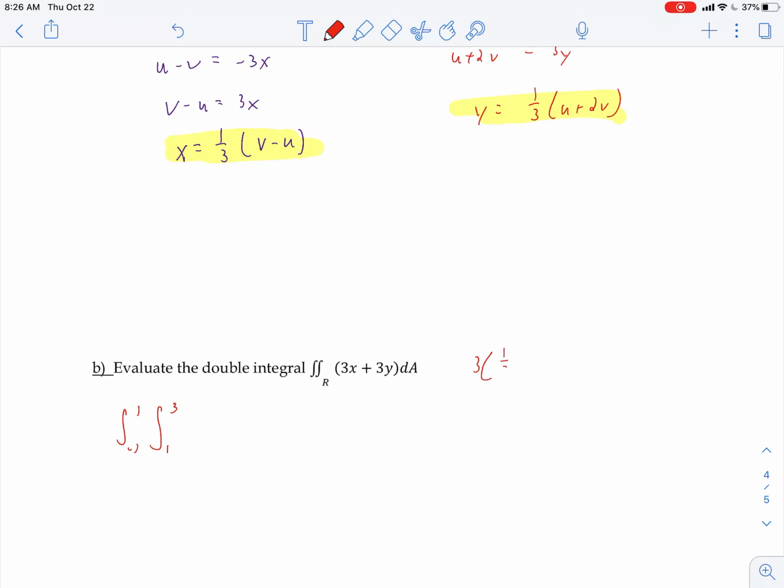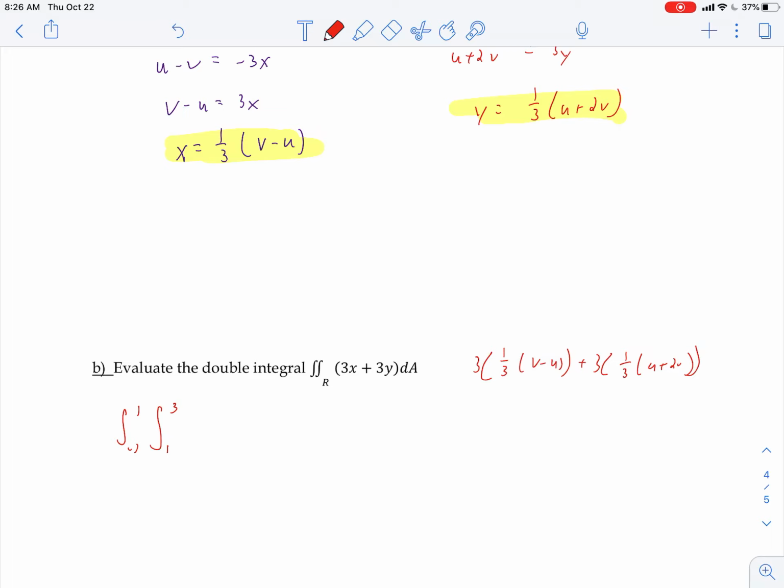It's going to be 3 times 1/3 (v minus u) plus 3 times 1/3 (u plus 2v). So the 1/3s are going to cancel out with the 3s, and so we have v minus u plus u plus 2v.